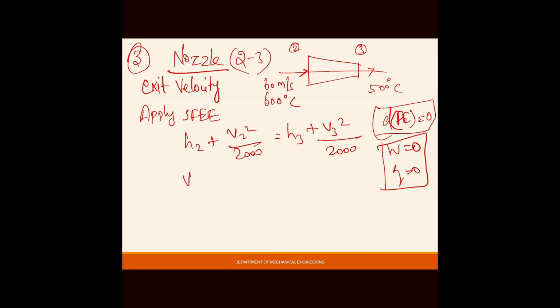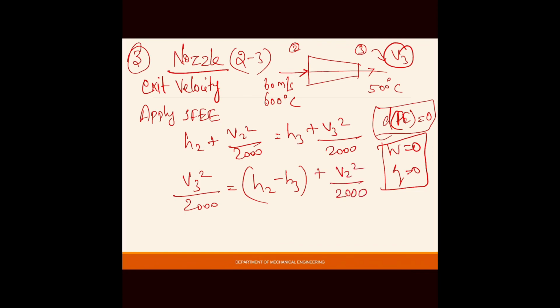Final velocity is the velocity V3. So V3 square divided by 2000 is H2 minus H3 plus V2 square divided by 2000. Here we write Cp times T2 minus T3 plus V2 square by 2000.